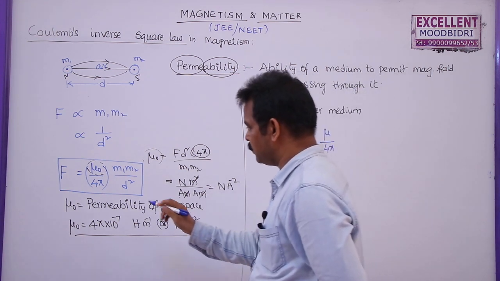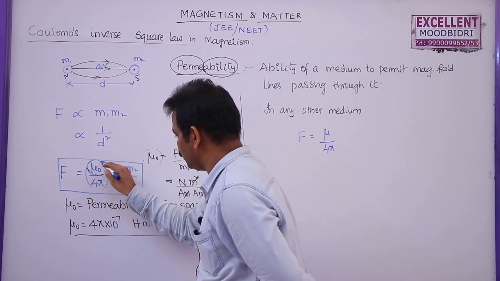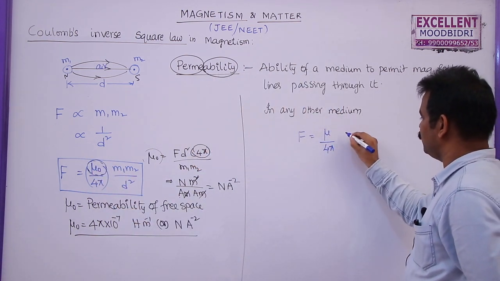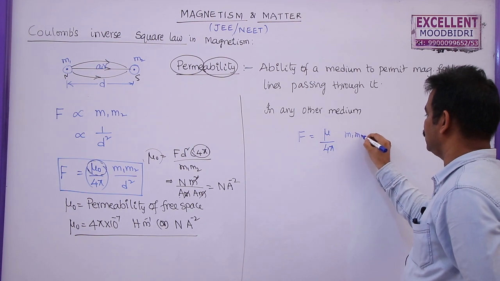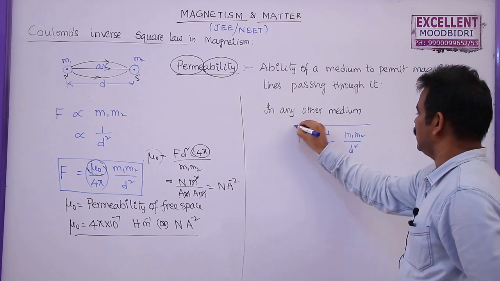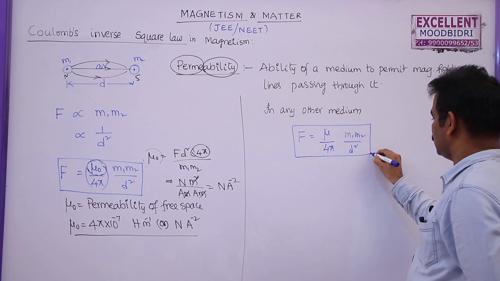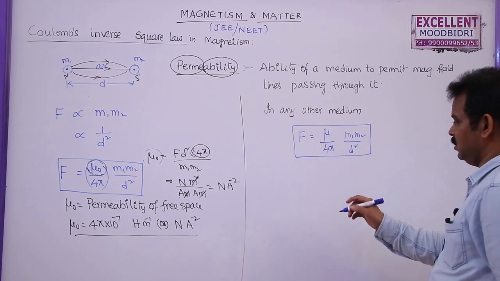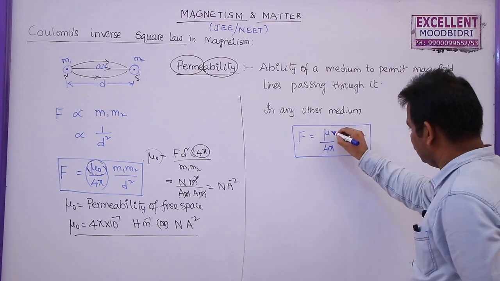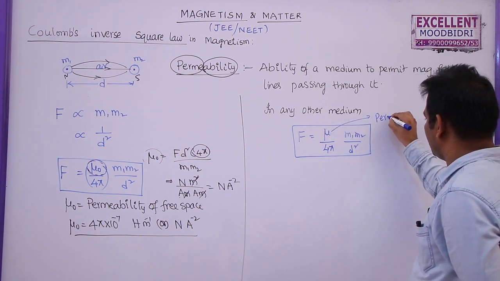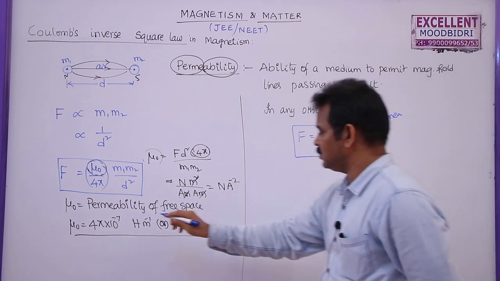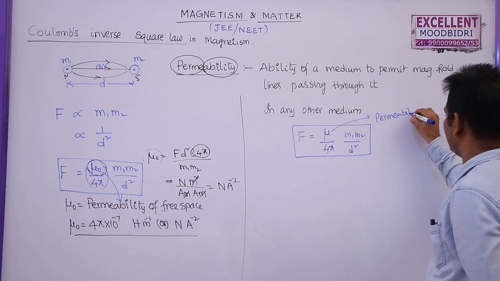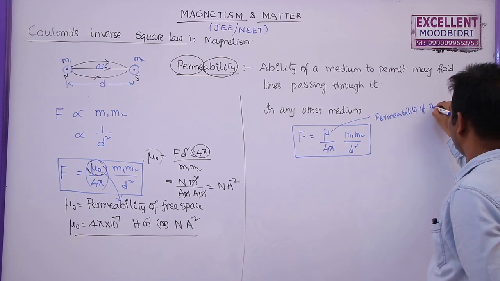In case of air, this was mu naught, but in case of any medium, we write this as mu, m1 m2 by d square. So this is the force of attraction or repulsion between two poles in any other medium. But now this is called the permeability of the medium. Previously this was called the permeability of free space. This is called the permeability of the medium.